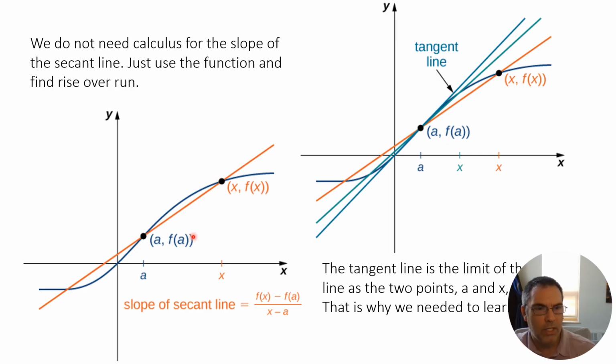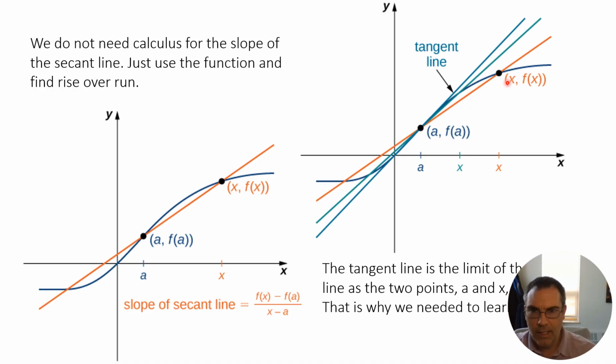And so its change in the vertical direction is the value of the function here minus the value of the function here. So that's your change in the y variable. And then your change in the x variable is from this point to this point, so in this case it's x minus a. So you don't need calculus to find the slope of the secant line. You can calculate the average rate of change just with the function itself.